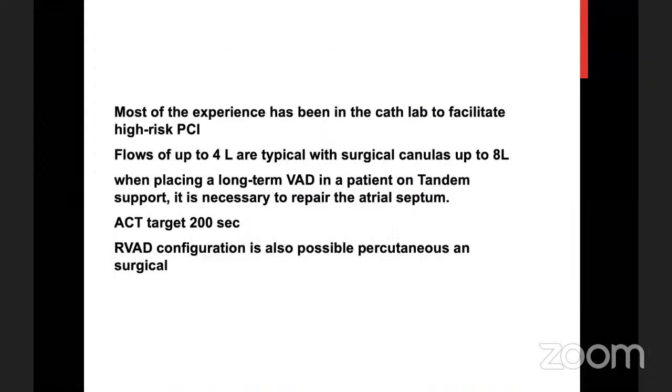Most of the experience has been in the cath lab to facilitate high-risk PCI. Flows up to 4 liters are typical, with surgical cannulas up to 8 liters. When placing a long-term VAD in a patient on TandemHeart support, it is necessary to repair the atrial septum. ACT targets are about 200, and a right ventricular assist device configuration is also possible, percutaneous and surgical.